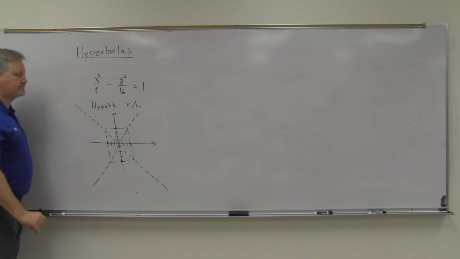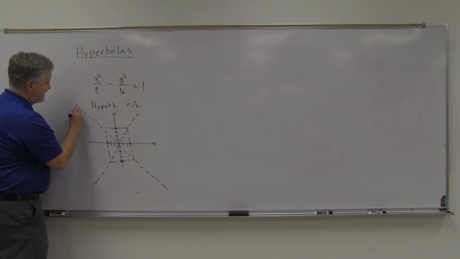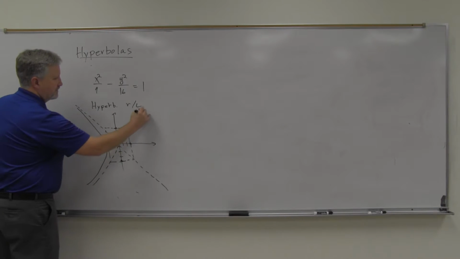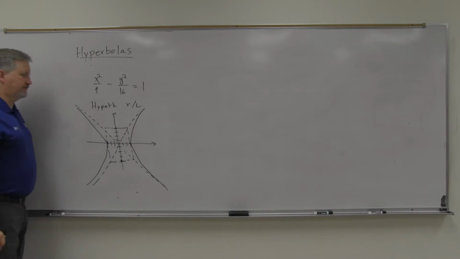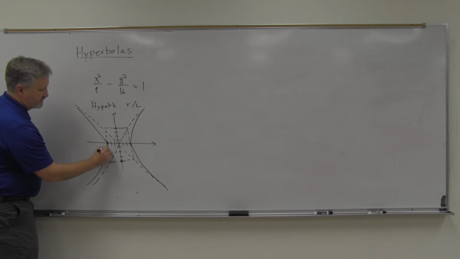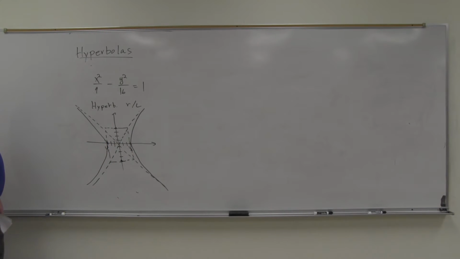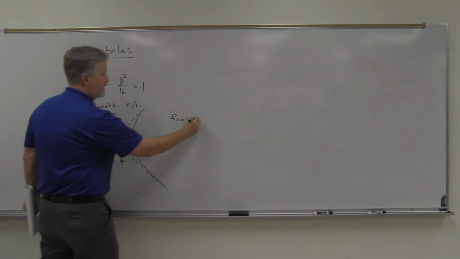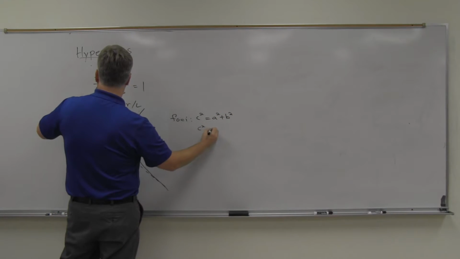Which way do I draw the branches? Right and left, okay. So it's asymptote here, vertex here, asymptote, vertex, asymptote. Like I said, these are the vertices, vertex 1 and vertex 2 would be plus or minus 3, 0. And just real quick here, the foci, c squared equals a squared plus b squared, so that would be c squared equals 9 plus 16.